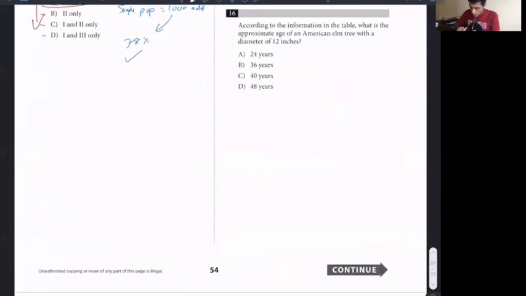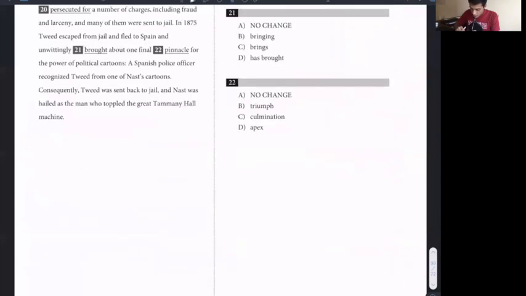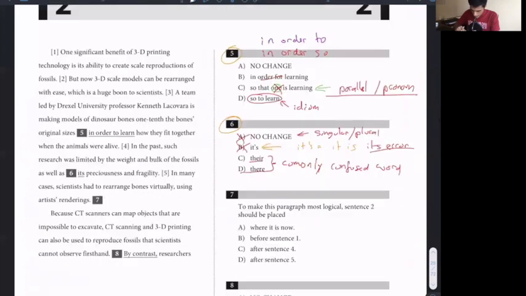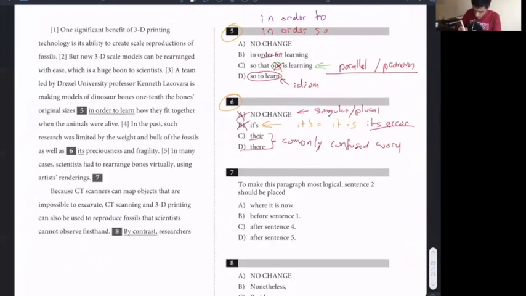So let's go and do the writing question for today. That was for math. The writing question, let's do number 7 today. So I'll give you another minute to do number 7.